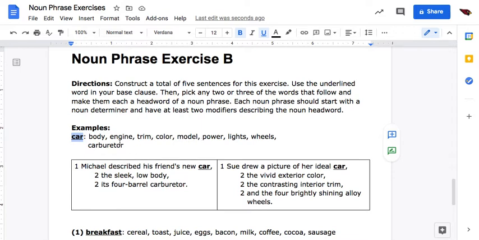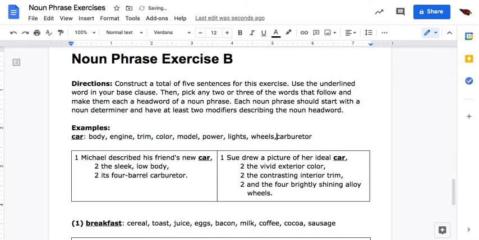So in this case, you're given car, that's got to be in your base clause, and then you get body, engine, trim, color, model, power, lights, wheels, carburetor, all together. And you only need a couple of them.